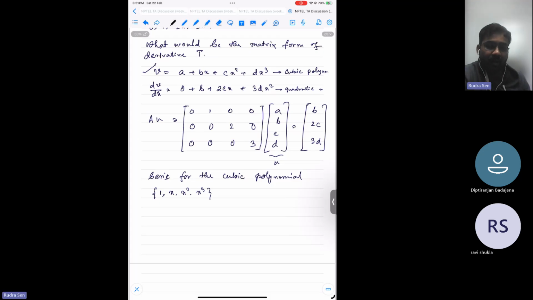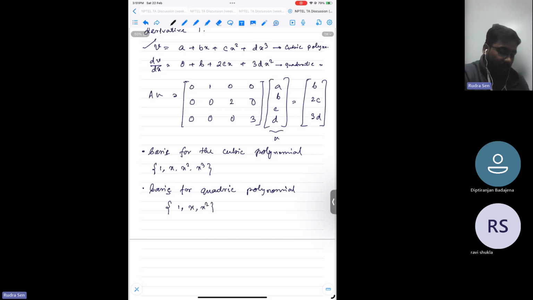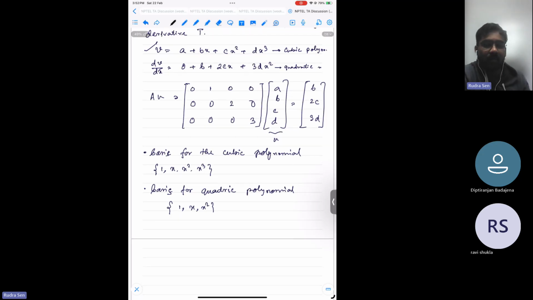So all are linearly independent because we cannot produce one by the other using linear combination. And the basis for the quadratic polynomial function are only 1, x and x square. So we are basically reducing the dimension from 4 to 3; the number of vectors in the basis is the dimension of that space.